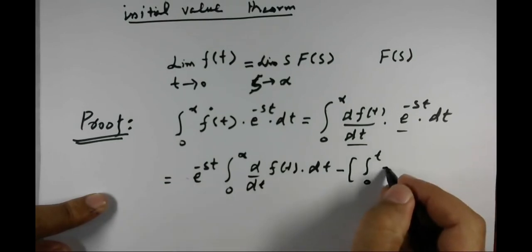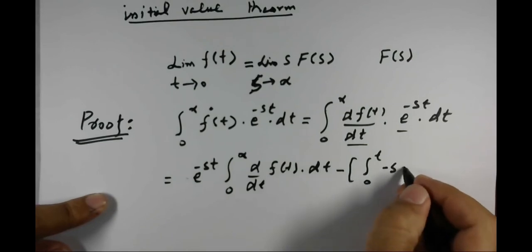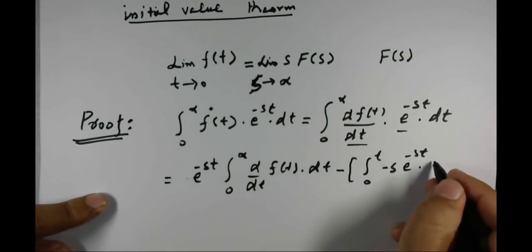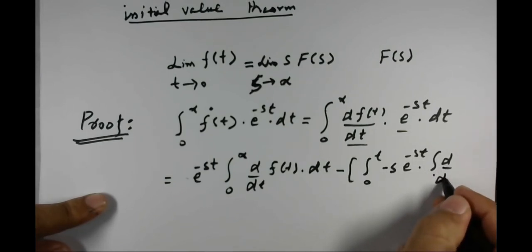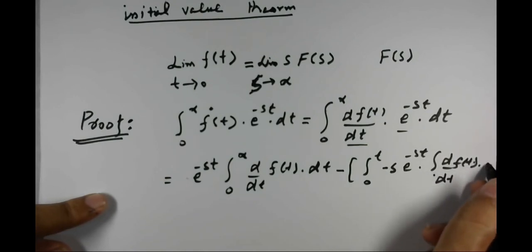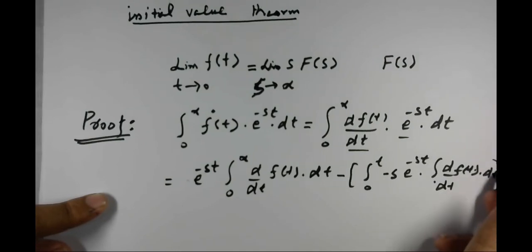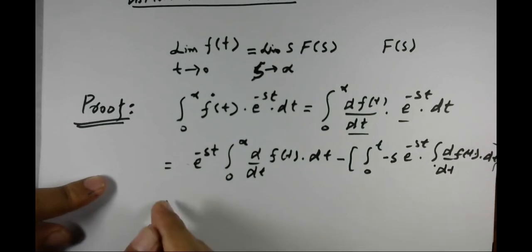This will be minus s e raised to the power minus st times the integral of d by dt f of t times dt. So this is simple, the integral. Because these two functions are multiplied, I applied this formula.